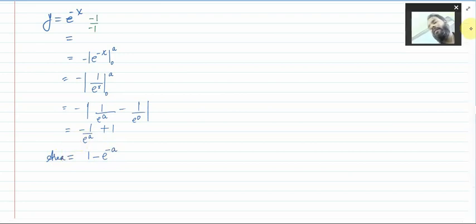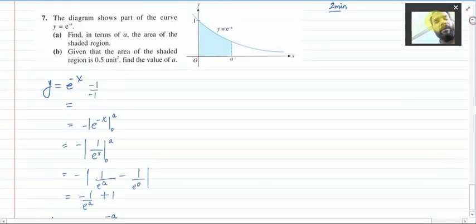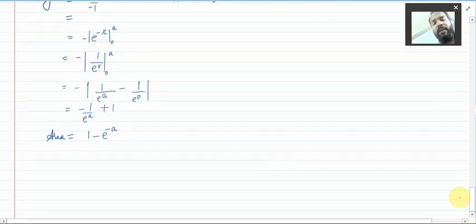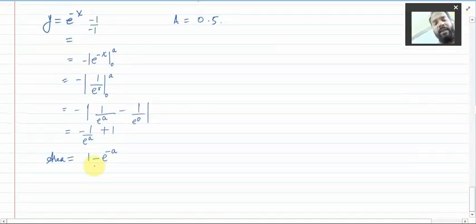Alright, so that is your first part, and after that, given that the area of the shaded region is 0.5, now you have the value of area, it's 0.5, find the value of a. So we have the value of area after integration, it's 1 minus e to the power minus a, which is equal to 0.5, the value is given.